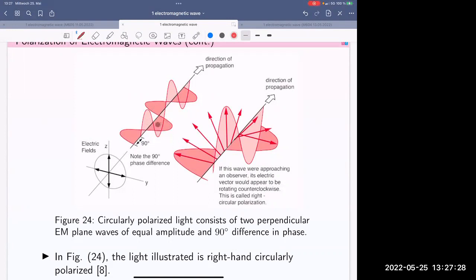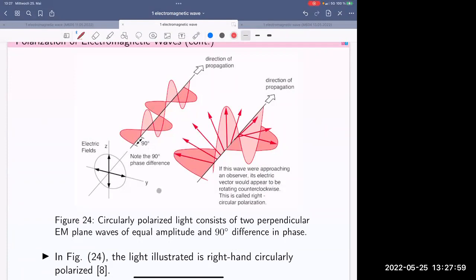It changes the alignment of the electric field like this, horizontal and vertical, all the time. You can see that the electric field can happen in the horizontal plane and the vertical plane, and there is a 90 degree phase difference.